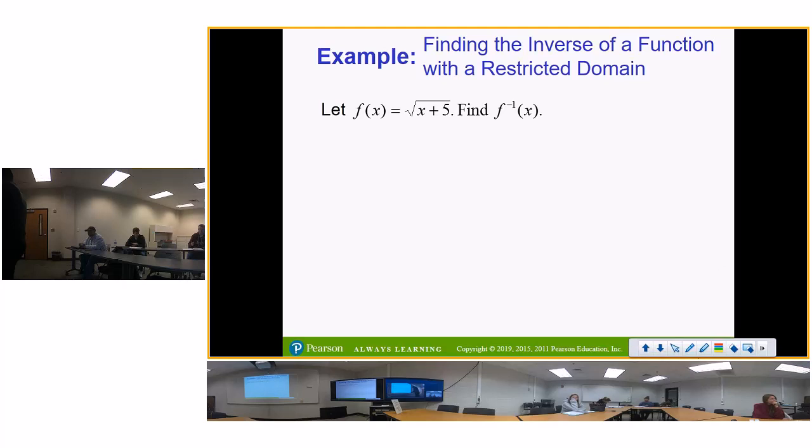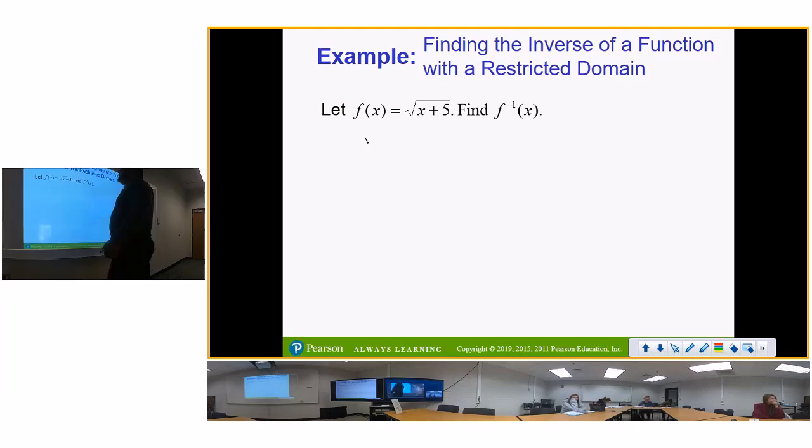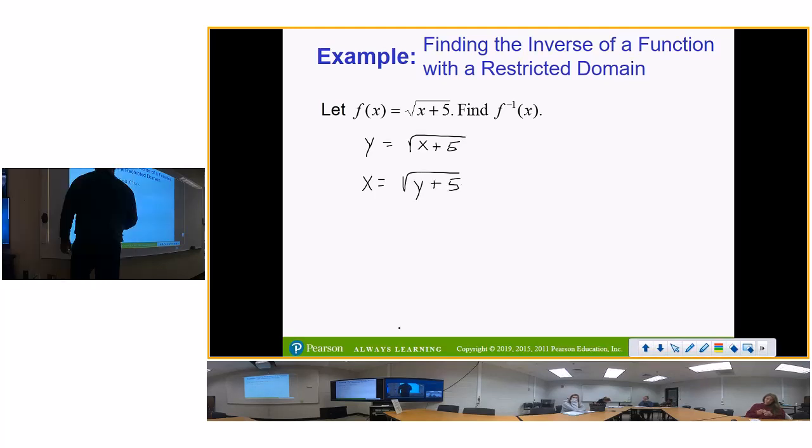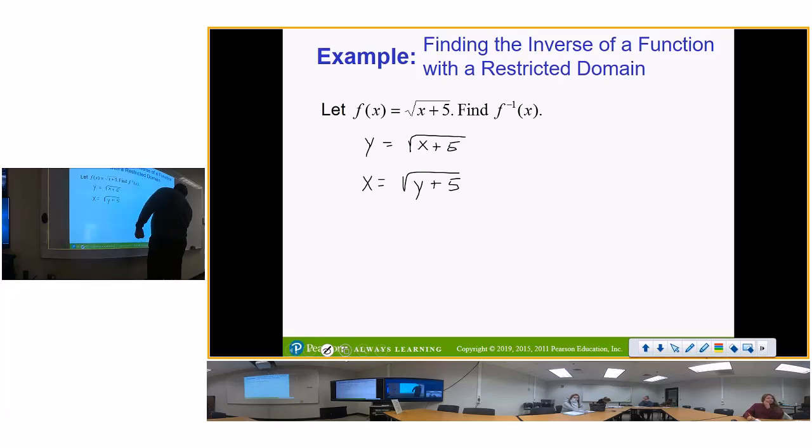So y is equal to the square root of x plus 5. All right? So x is equal to the square root of y plus 5. How do you undo a square root? You square it.